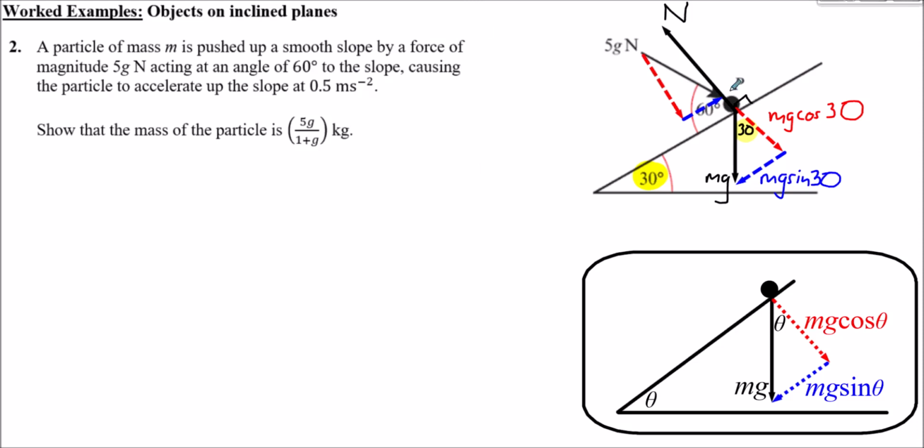So using the same idea, we can say the component opposite to the angle is the hypotenuse, which is 5g, multiplied by the sine of this angle, so that's going to be 5g sine 60. And the component acting parallel to the slope will be 5g cos 60. I'm just going to do an arrow here so it's not getting too crowded.